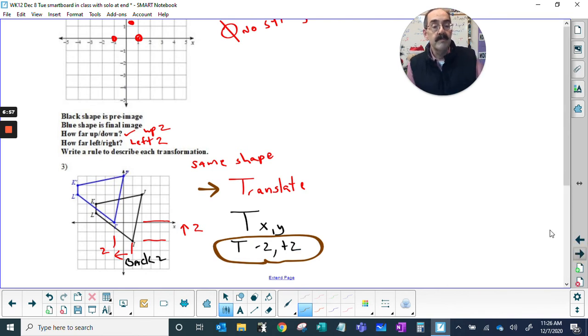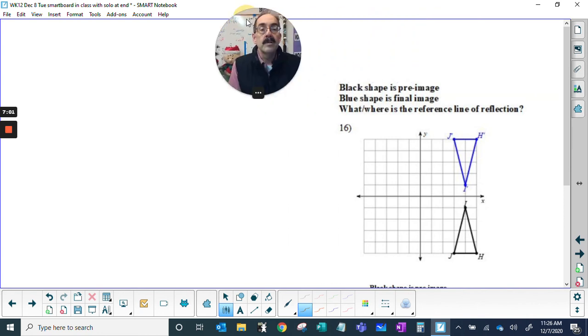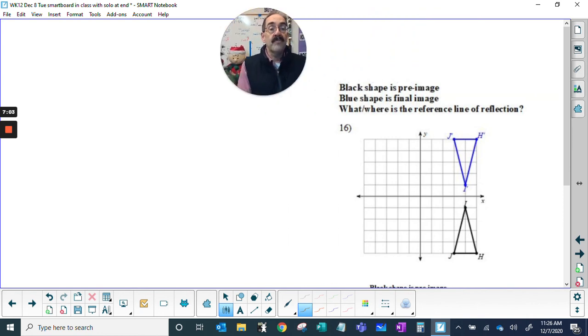Okay, let's move on. All right, now this one looks to me like a reflection. Reflection, okay? So we go from black to the blue. So in the old days, we would have said flip. What are we going to flip? The x-axis, okay? Now, we reflect it.